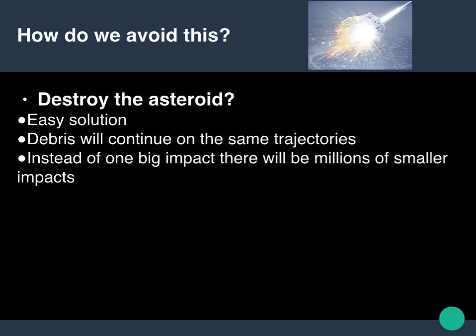So now instead of being hit by one big impact, we're going to be hit by millions of smaller impacts. Now a lot of it will probably burn up in the atmosphere because it'll be smaller, but it's still not good to have a large quantity of rocks burning up in the atmosphere and falling towards Earth, because we just try to avoid a lot of things hitting Earth.